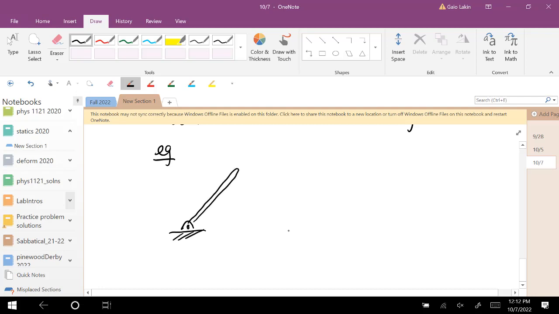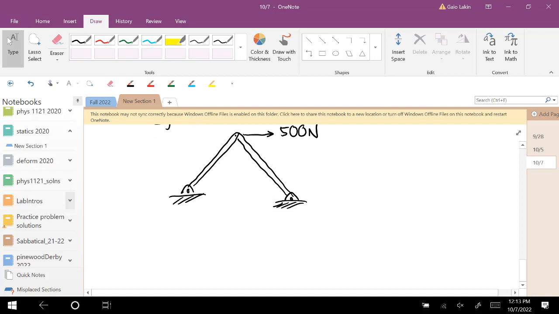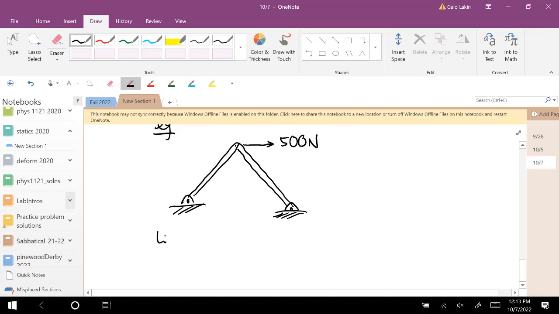You have two members like this. Each one's connected to the ground by a pin joint. They're connected to each other by pin joints. And there's an external load of 500 newtons here. What are the loads acting on each one of those two bars?